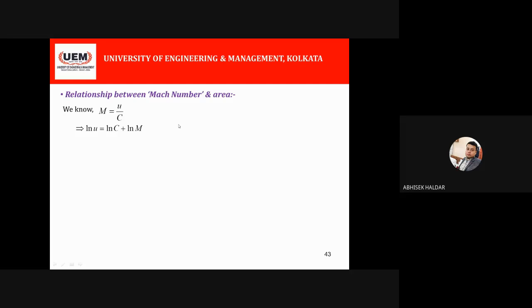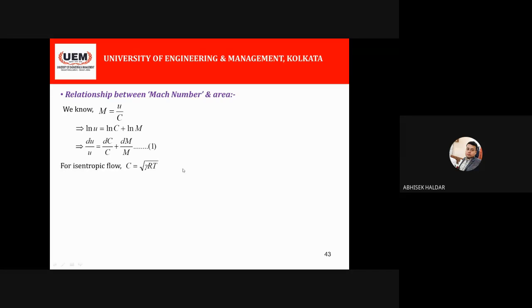Here, if I cross multiply this equation and take log, ln, on both sides, then next we differentiate: du by u on the left hand side equals dc by c plus dm by m. Keep it as equation number one.